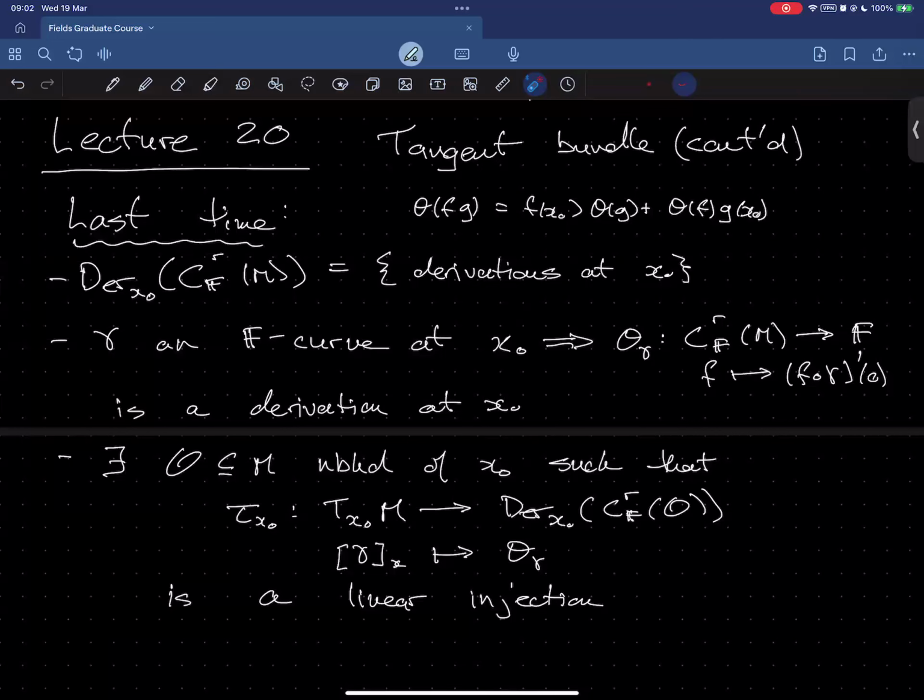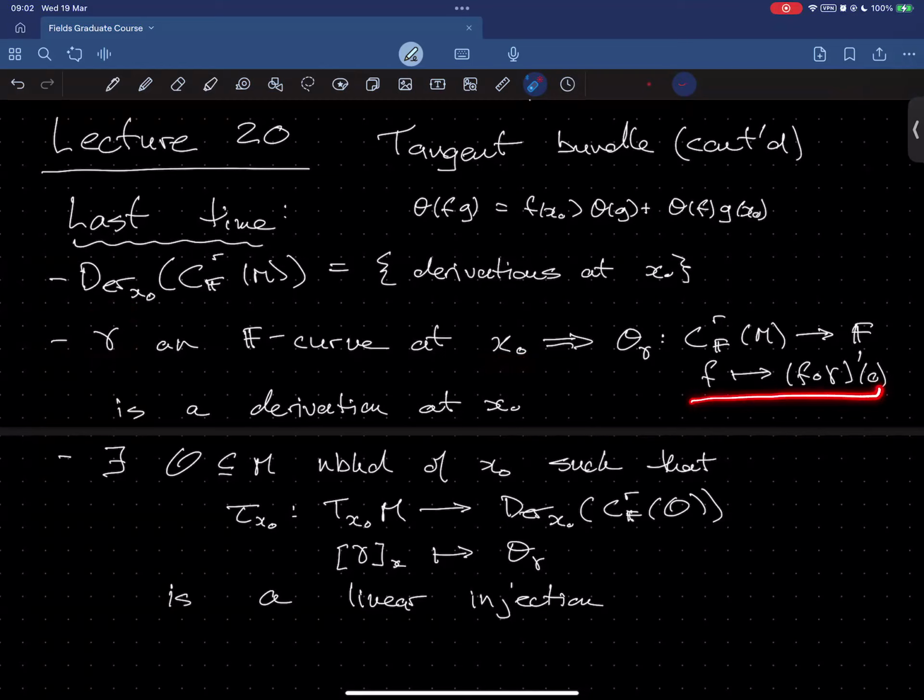So we did this by first assigning to a curve. Remember, tangent vectors are equivalence classes of curves, and so curves play an important role in talking about tangent vectors. And so corresponding to a curve that passed through x naught at time 0, we defined this mapping, theta sub gamma, like so.